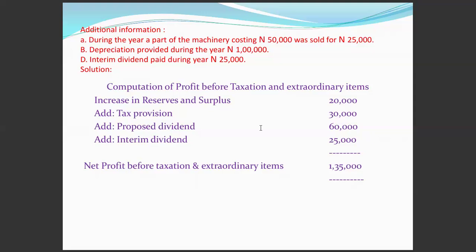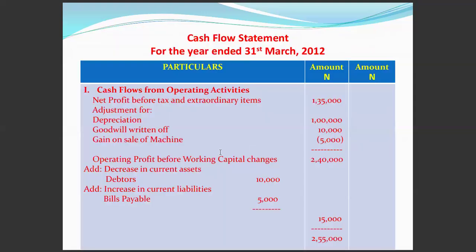So the provisions or the interim dividend or tax paid in advance are adjusted while calculating the profit before taxation and extraordinary items in workings of the cash flow statement. Now, this same profit we will show in operating activities as income in the cash flow statement.